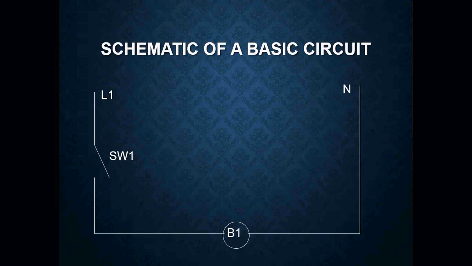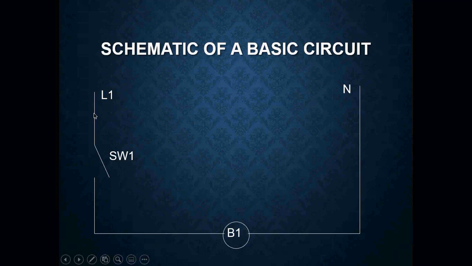Again, remember, we have to have our source, path, switch, and a load in order for the electrical circuit to work. So our power source is going to be designated by using L1 and neutral, some sort of lettering to signify that these wires are our power source.